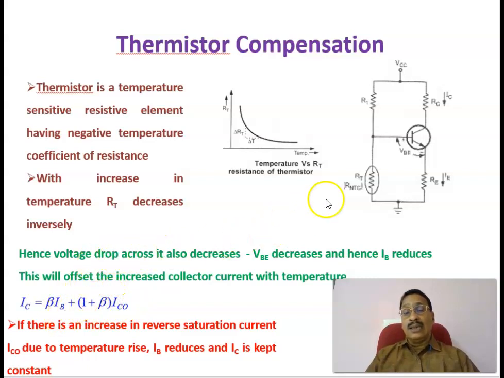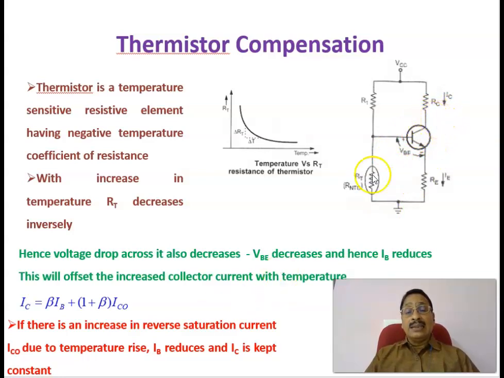Let us see how that happens. As temperature increases, the resistance reduces and the voltage drop across it decreases. As the voltage drop decreases, the base current reduces. Because collector current is equal to beta times base current, as IB reduces, the collector current reduces.